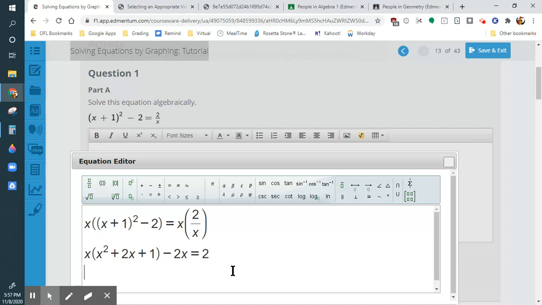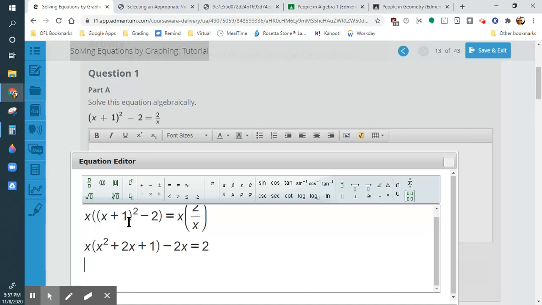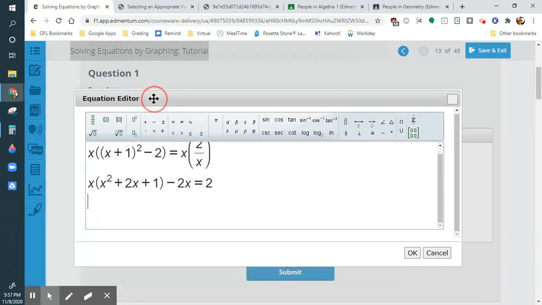Well, if I distribute again, I would get x cubed plus 2x squared plus x minus 2x equals 2.